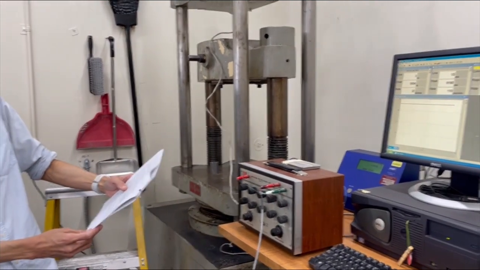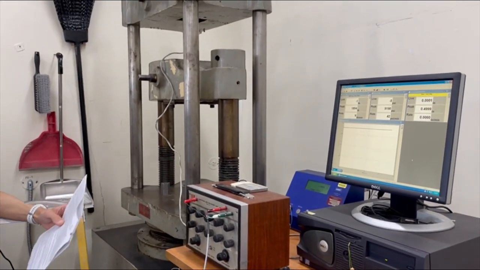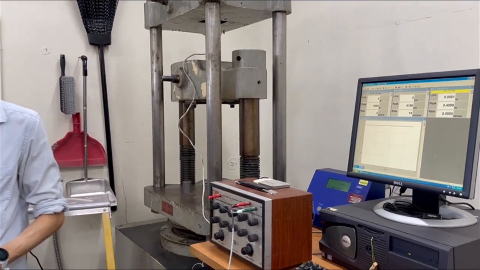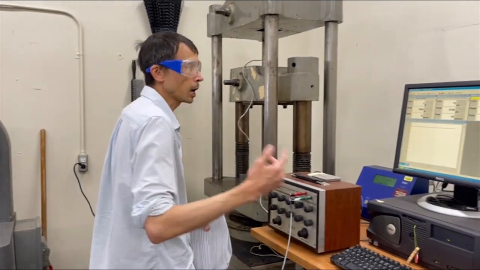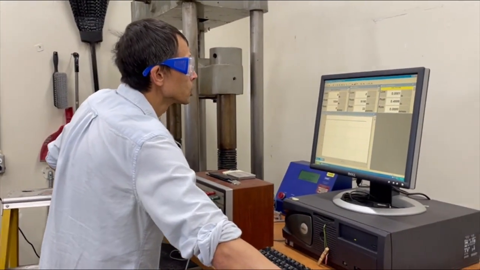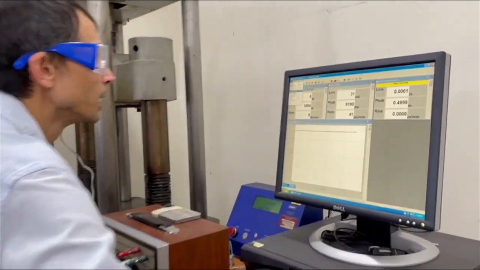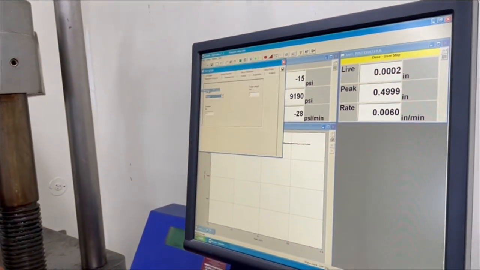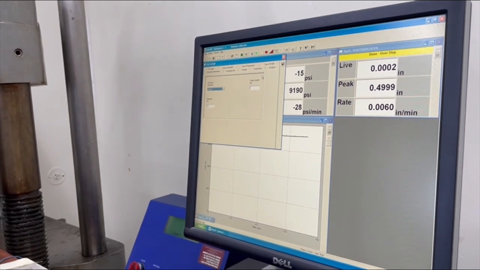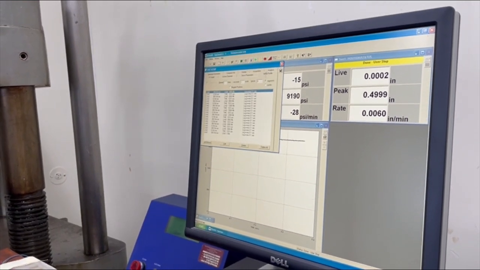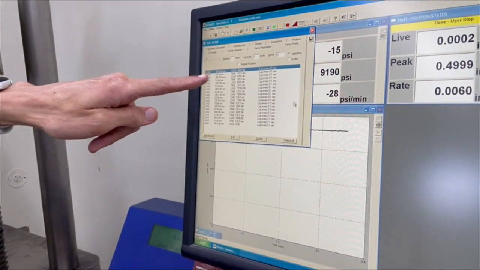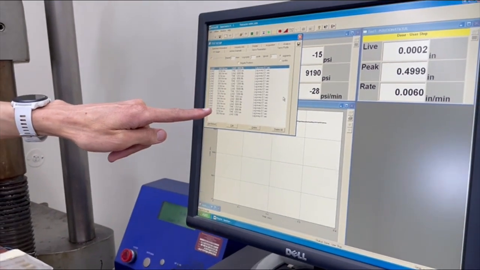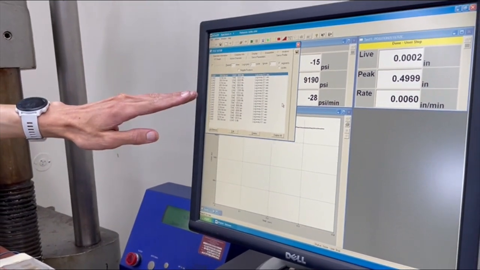This is the file that controls the load increments. Remember I said we're going to stop every 3,000 pounds? I set it up so that would be the case. If I go up here to test, and then test setup, I'm going to go to servo profile, and if you take a look at this, it tells that I'm stopping at every 3,000 pound increment, and I'll be stopping there for 2 minutes.